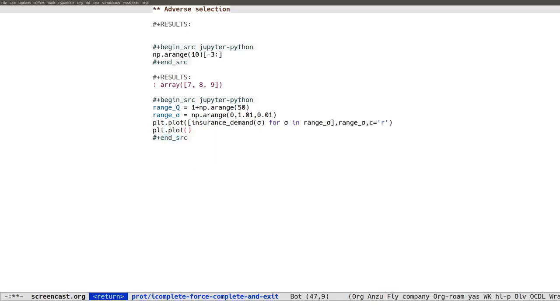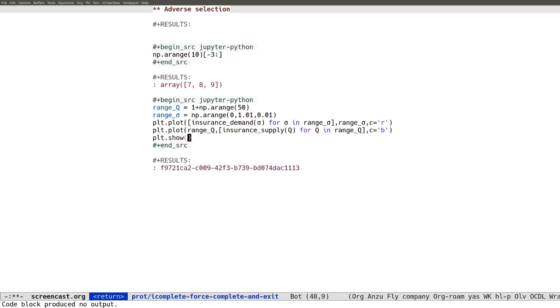Now we can also plot insurance supply. I specify the range of Q, capital Q, in square brackets: insurance supply as a function of Q for Q in range Q, and I can plot this as a blue line. Then we can do plt.show.